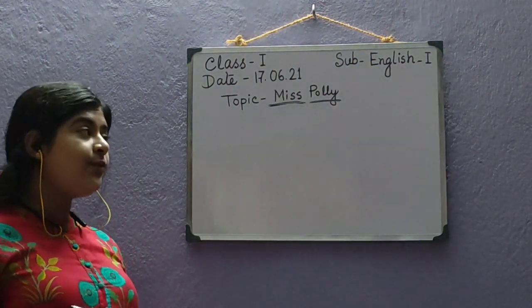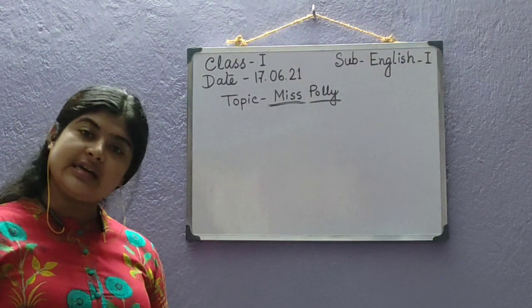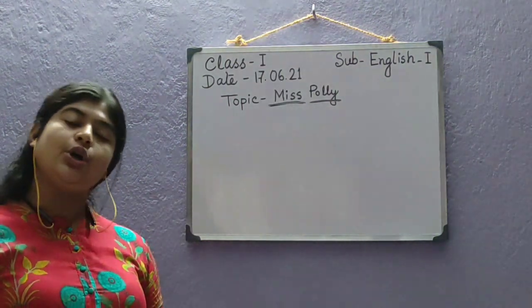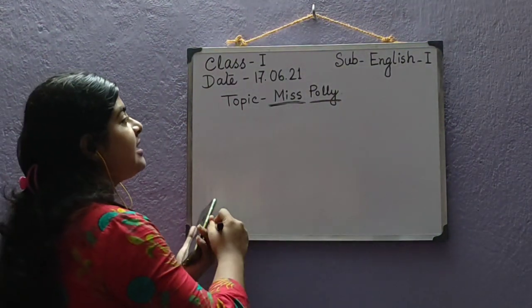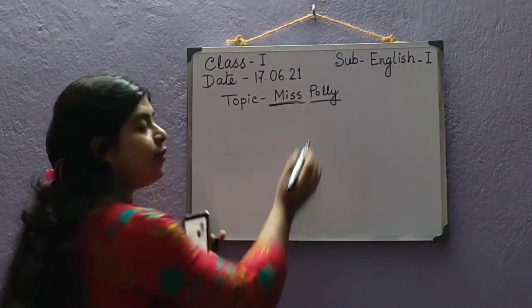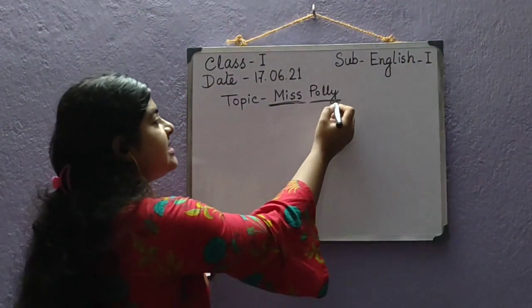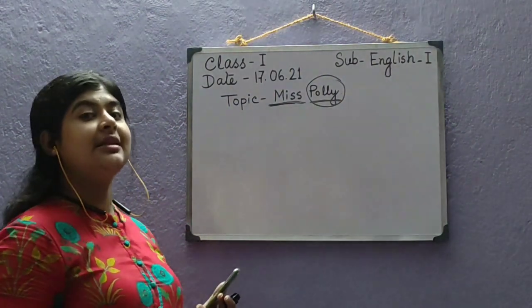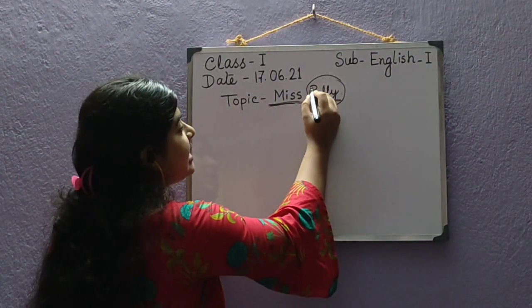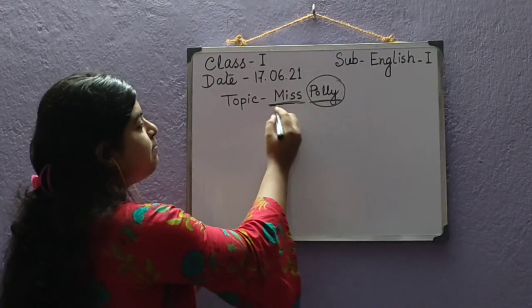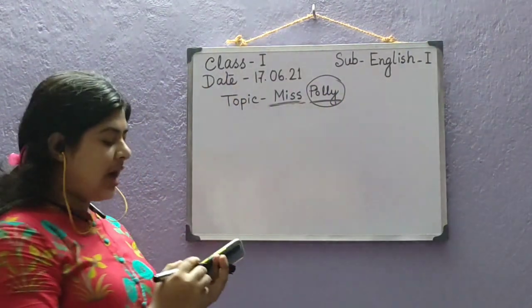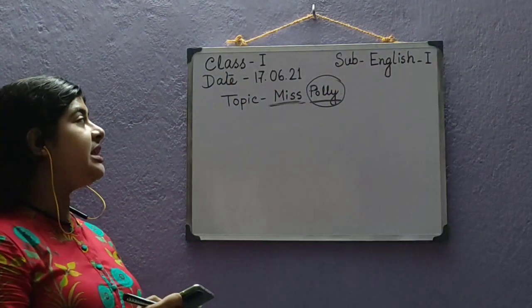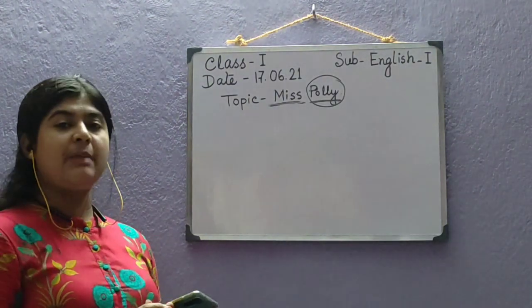So if we are going to indicate a girl who is not married, we can write Miss or say Miss before her name. Polly is definitely a name, and as you know, a naming word means a noun. So Polly is a name and Miss is used before her name. That means Polly is a girl who is not married.